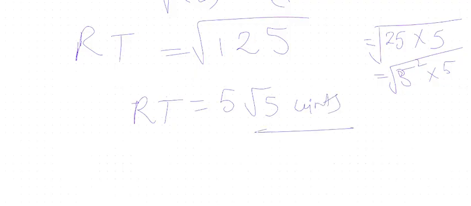Next, we have question 3.3. It is also given that 2RT squared equals 5SR squared; calculate the value of M. So we are given this equation, and we have the value of RT.